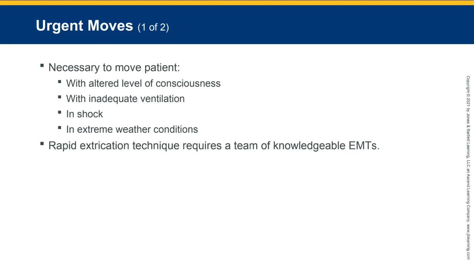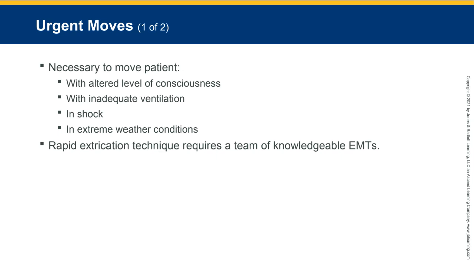The emergency move is only when there is danger to you, crew, and patient. Urgent move is after an assessment. Emergency move is before an assessment of the patient. And one of the most common examples of an emergency move is something that we refer to as rapid extrication.